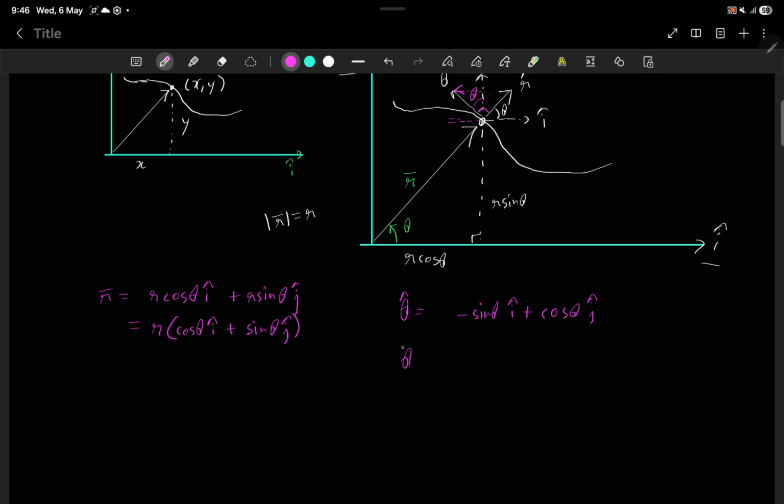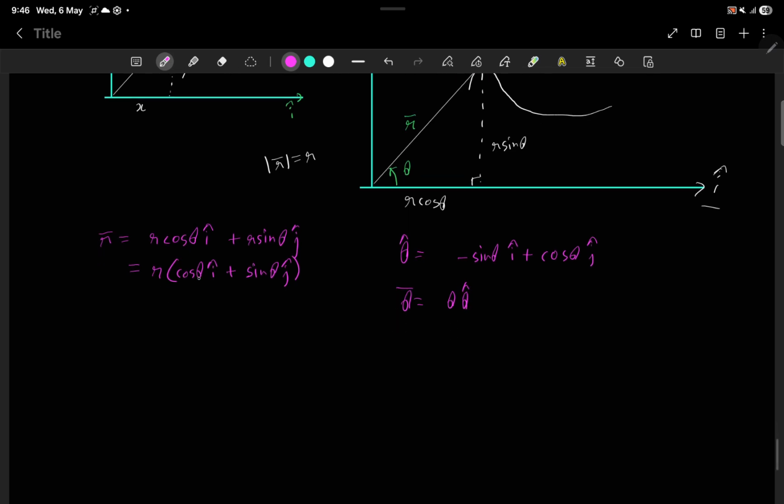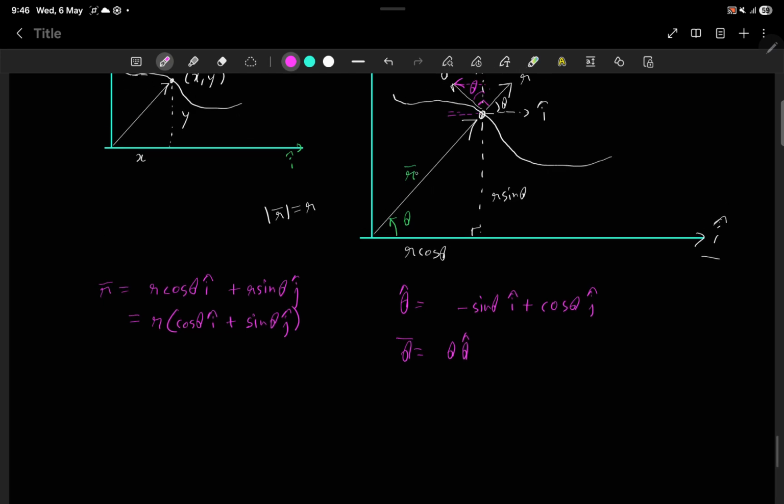If I define the theta vector with some magnitude, this will be my theta vector, and this is the r. One thing you can notice: if I consider this as a unit vector, this will be sin theta and this will be cos theta.